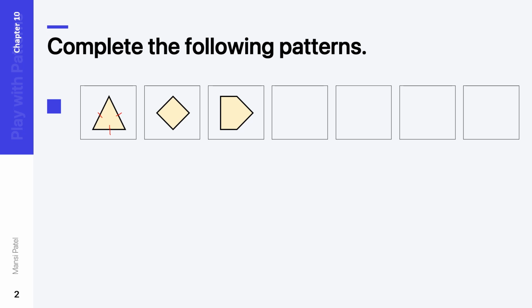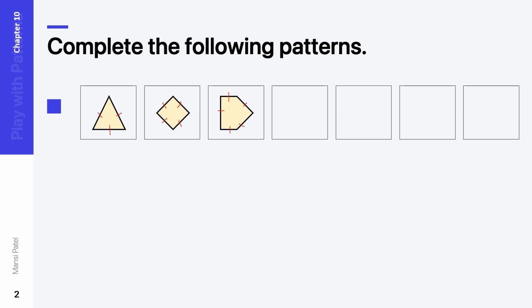There are 3 sides. In the next sequence, how many sides are there? 1, 2, 3 and 4. 4 sides are there. In the next sequence, 1, 2, 3, 4 and 5 sides are there.